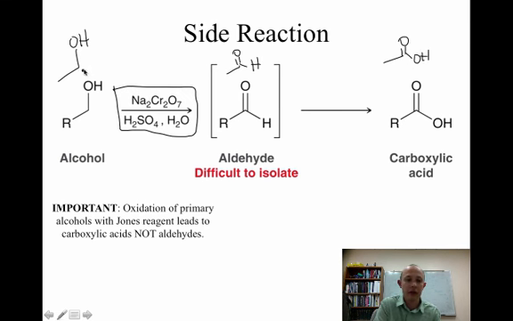So generally speaking, oxidation of primary alcohols goes all the way to the carboxylic acid without stopping at the aldehyde. So with the Jones reagent, this is a primary alcohol, this will not stop.